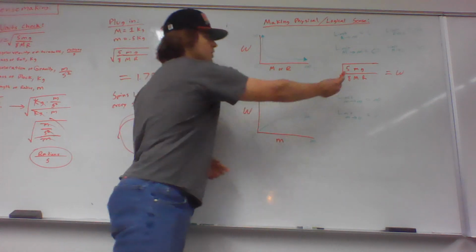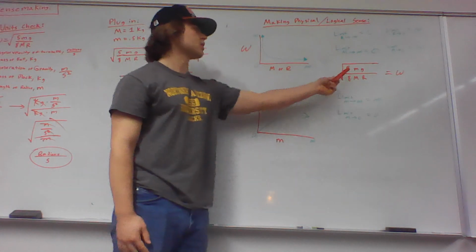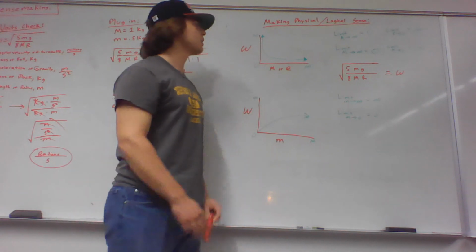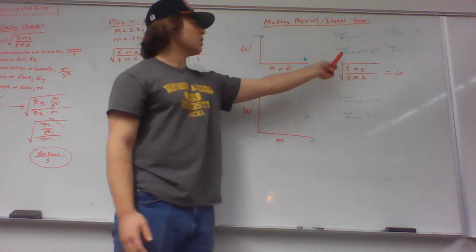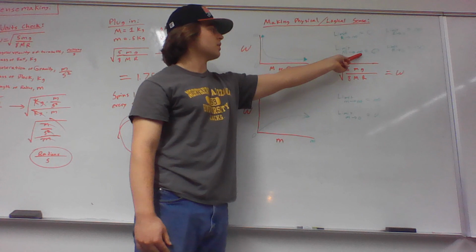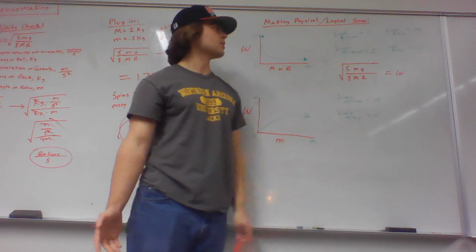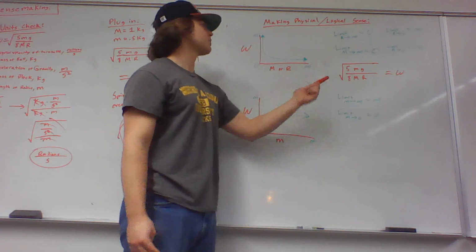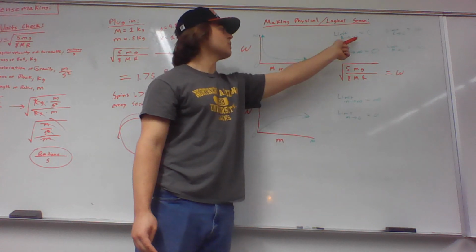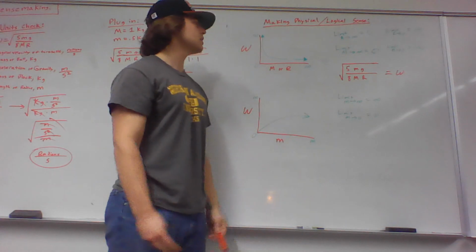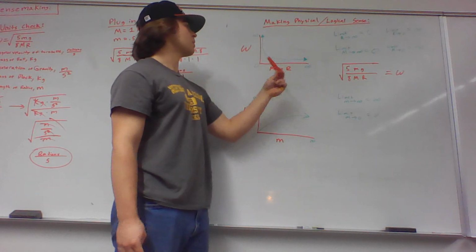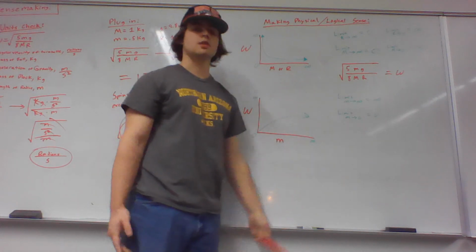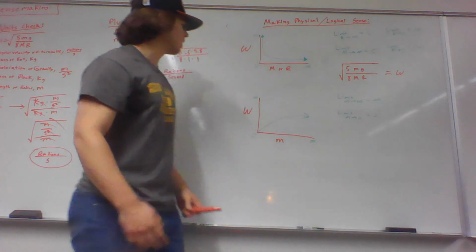If we have this equation right here and everything is a constant besides the mass of the large block, we will know that the limit as it approaches infinity will be 0. And then because these are multiplied by each other, it's the same exact graph. So the limit will also be 0 as it approaches infinity. And then as the limit approaches 0 for r and m, it's going to be infinity once more.